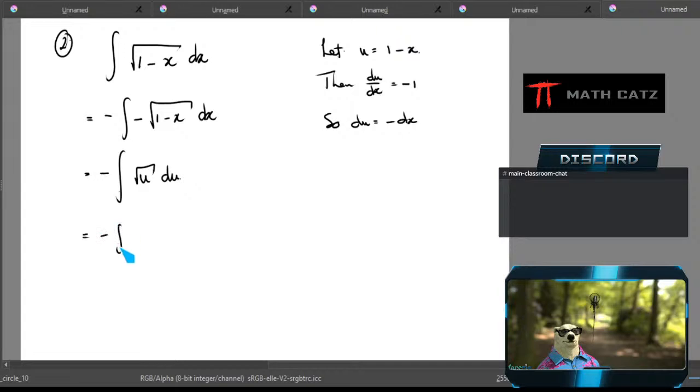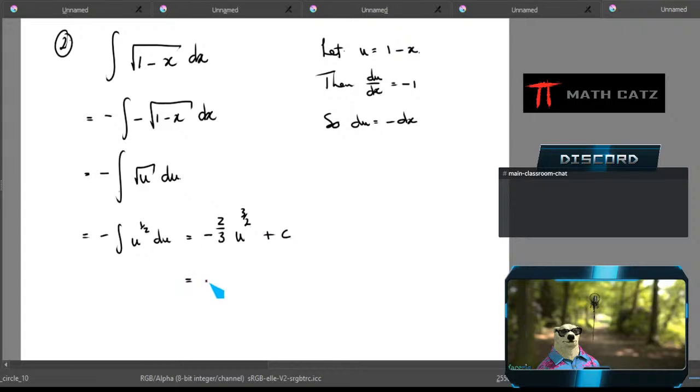I don't like the look of this. I prefer to see the exponent for my power rule. I will go ahead and rewrite it because I need to. Antiderivative of u to the 1/2 is going to be u to the 3/2 basically. But there's no constant in front, so I'm going to have to put a 2/3 in front to catch what the power rule is going to do.